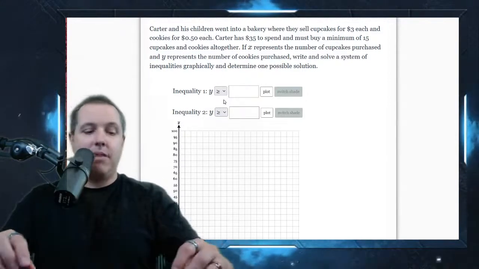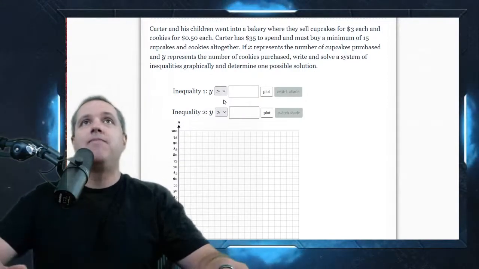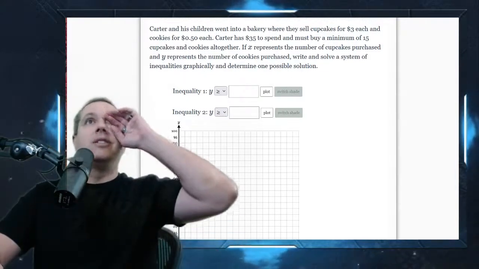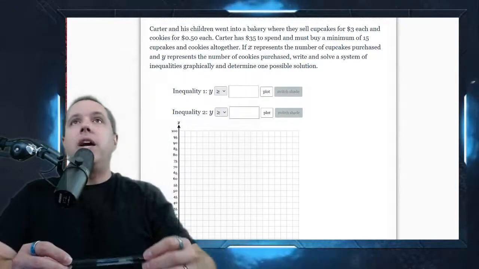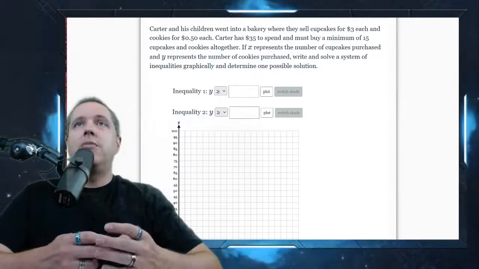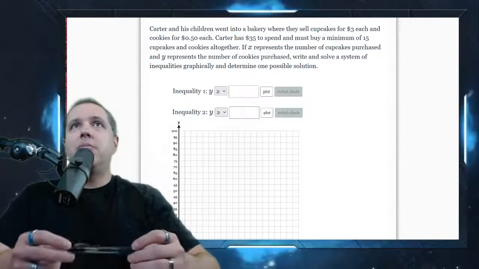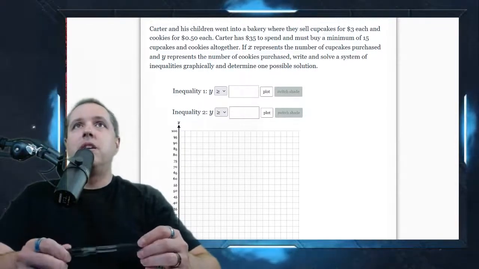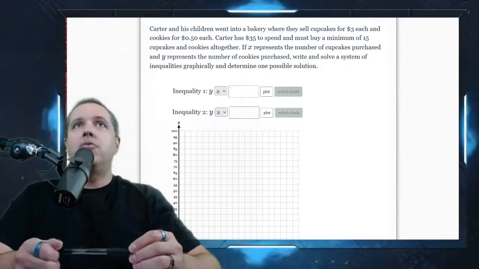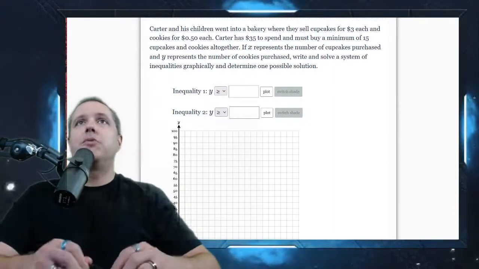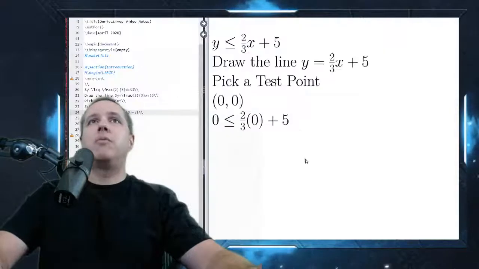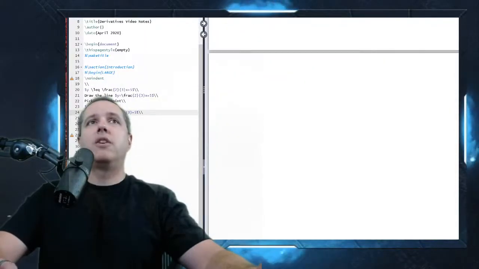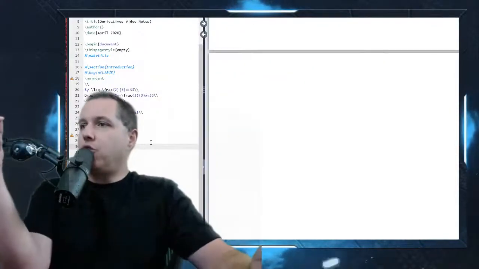So you're actually going to see, I'm going to have to write these down because I have to think about it. So let's see. If X represents the number of cupcakes purchased, and Y represents the number of cookies purchased, write and solve the system of inequalities graphically and determine one possible solution. Okay, so we need to come up with inequalities for this. So one of them, think about the total, right?